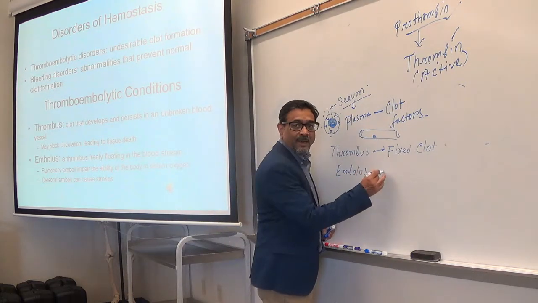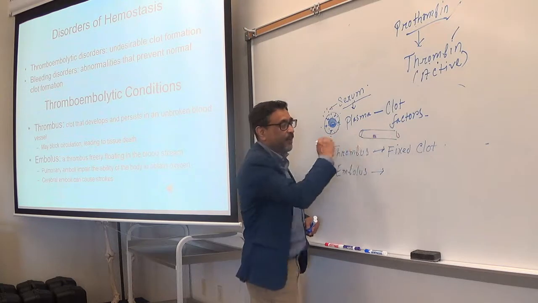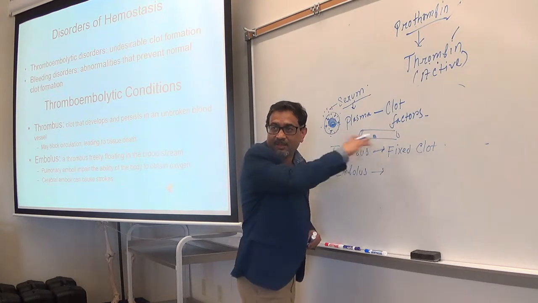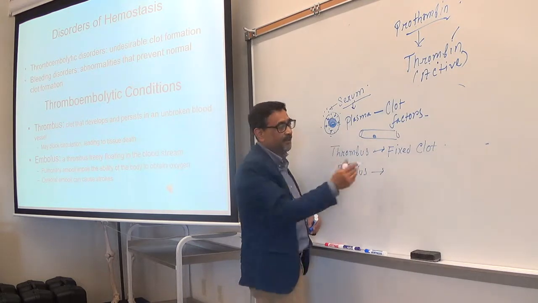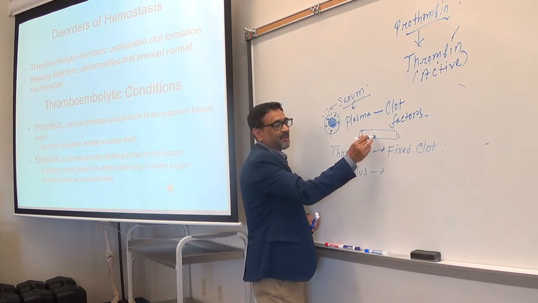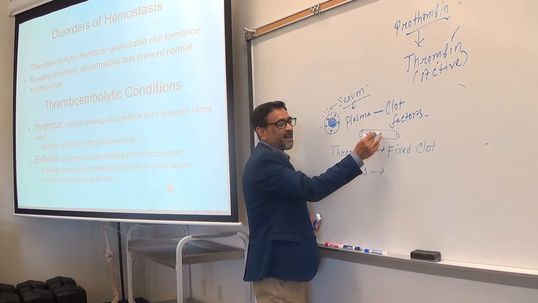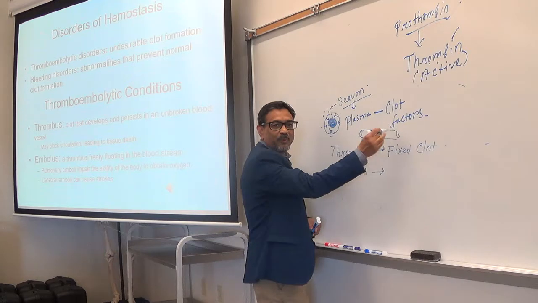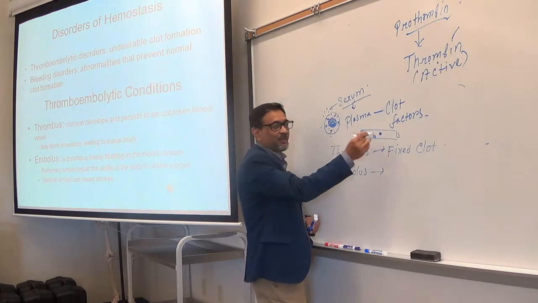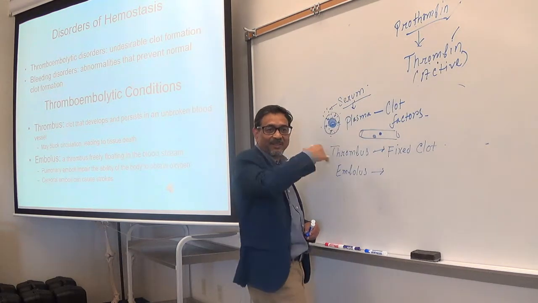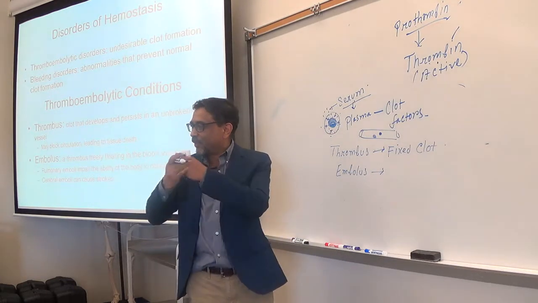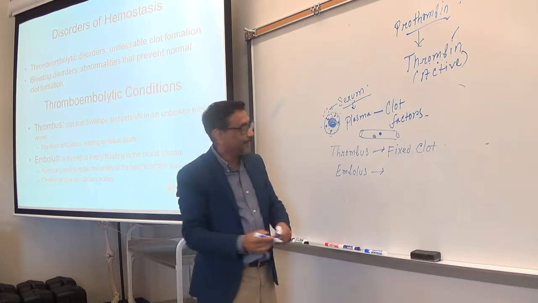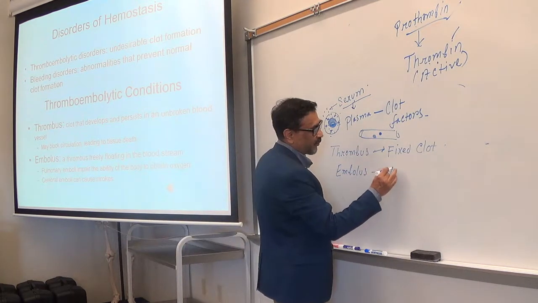Sometimes what can happen, you see, because blood is flowing, right, inside the artery. Blood is flowing. So due to that pressure of blood, this clot may get detached from the wall and start to move with the blood. Make sense? So this is a free-floating, freely moving clot, right? Because it is no more attached to the wall. And that is called embolus.